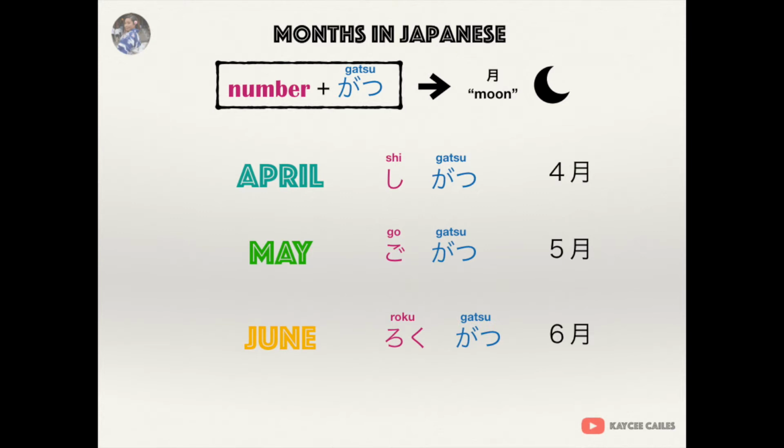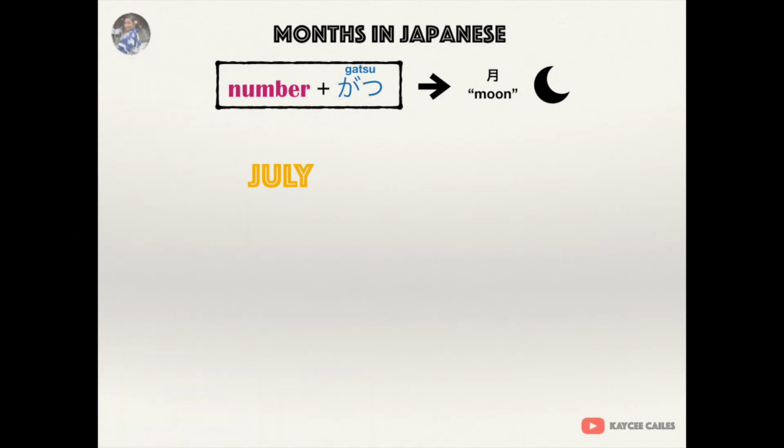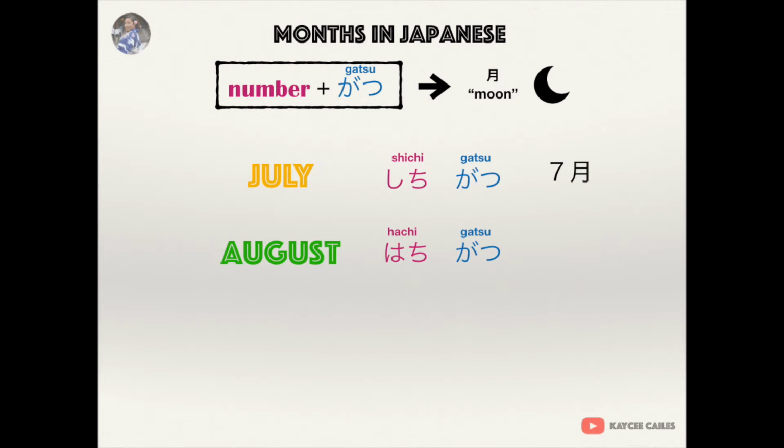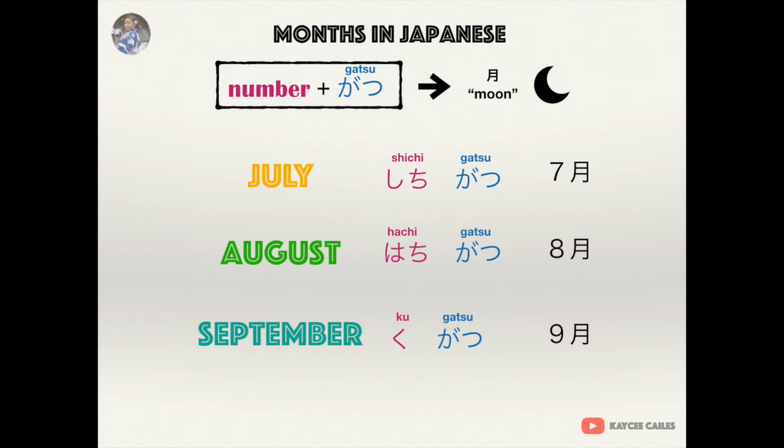For July, it is shichigatsu. August, it is hachigatsu. And then September is kugatsu.